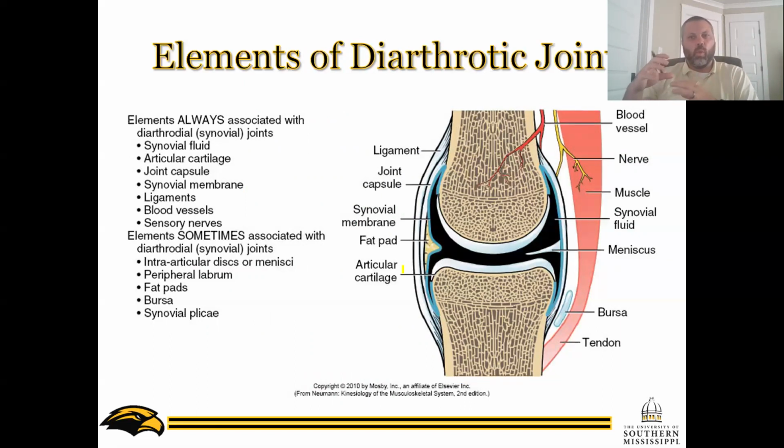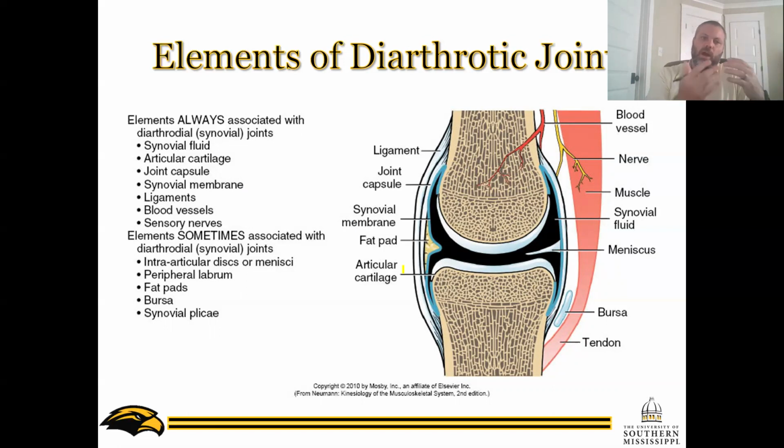If you are missing one of those, that means its structure is different, which means we're going to fall into the classification of the fibrous or the cartilaginous joint. That's an important aspect, which then would give us a different function, which would be why we would have it classified as synarthrosis.